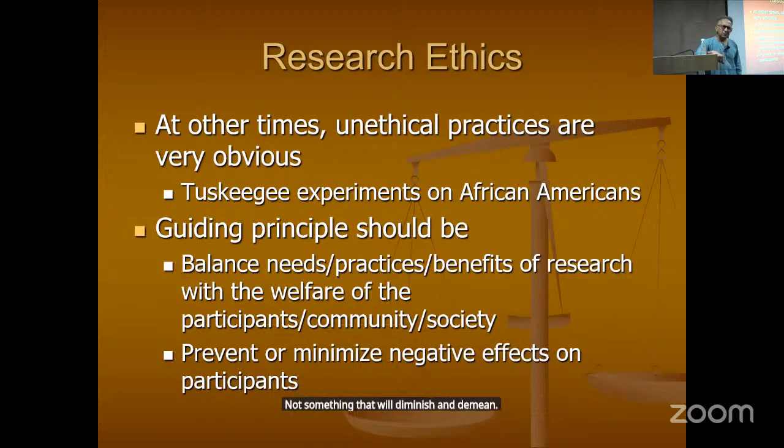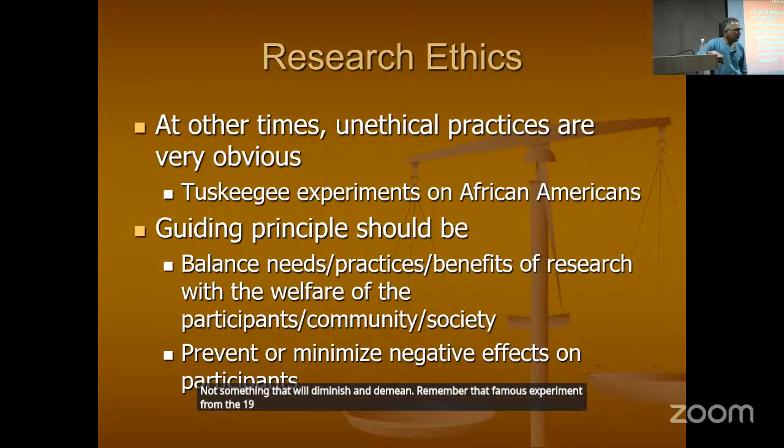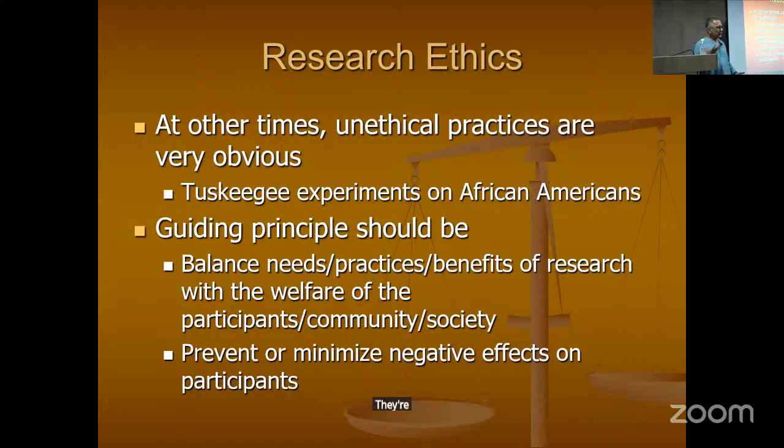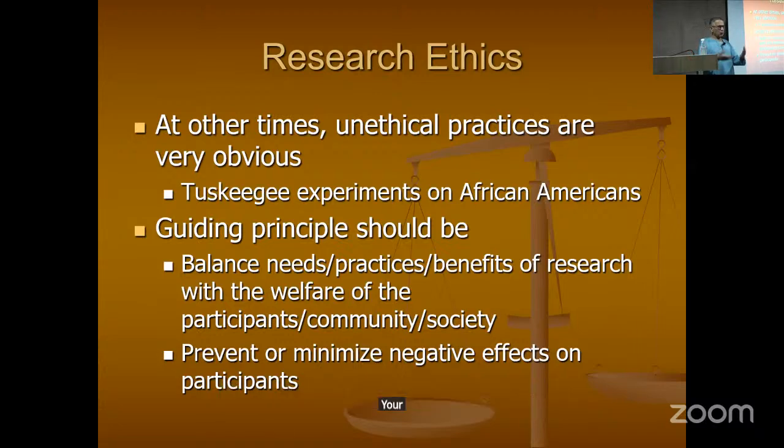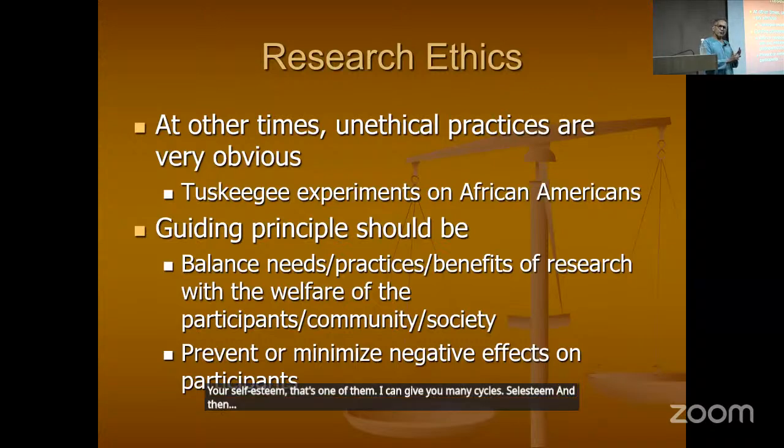Remember that famous experiment from the 1950s that was done in introductory psychology classes? They're testing all these psychological traits in people. Your self-esteem, that's one of them, and whether you're the type who easily agrees or is stubborn.